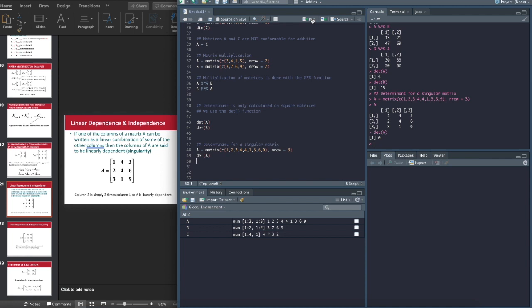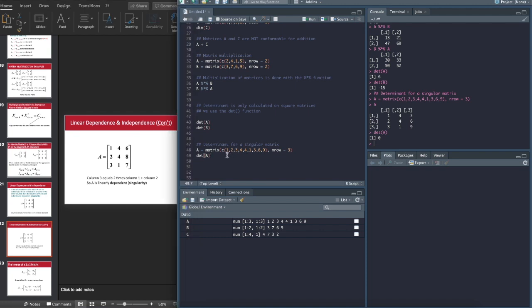So the determinant of a matrix that is a singular matrix, or that has a singularity, will always give us a 0. There's another example of a singular matrix. Let me just write this here: A has a singularity. Let's create matrix B. Matrix B here is also a singular matrix. Its third column is 2 times column number 1 plus column number 2, so it does have a singularity as well. So let's construct it.